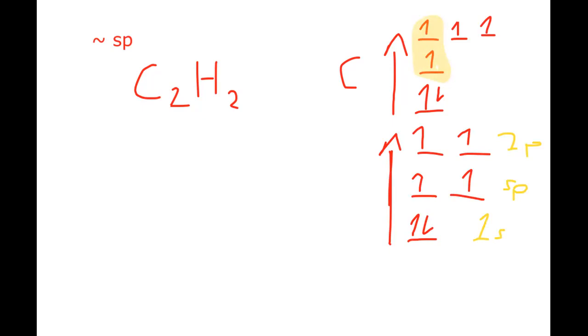Now the two sp hybrids will form sigma bonds, while the two 2p orbitals will form pi bonds. So again, taking two carbon atoms and the sp hybrids I'm drawing in red.